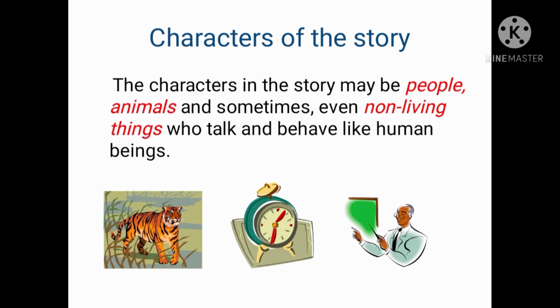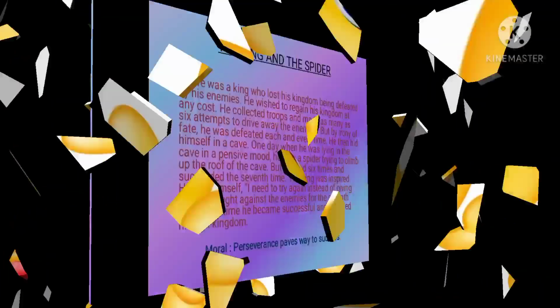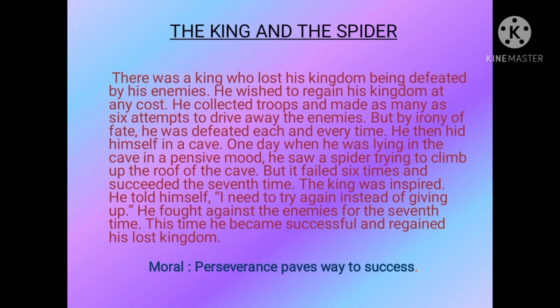If we give human attributes to non-living things, and if we introduce a non-living thing as a character, and if they talk, then definitely our story becomes more engrossing and fascinating. Now we will frame the story with the given outline, and we will look into all the aspects which we need to keep in mind while writing a good story.